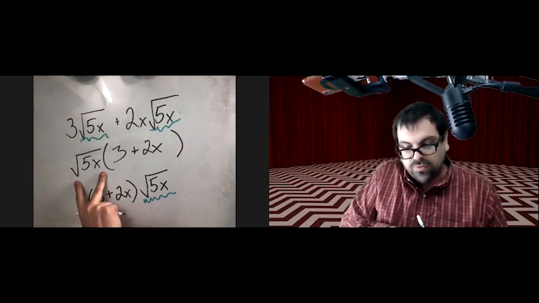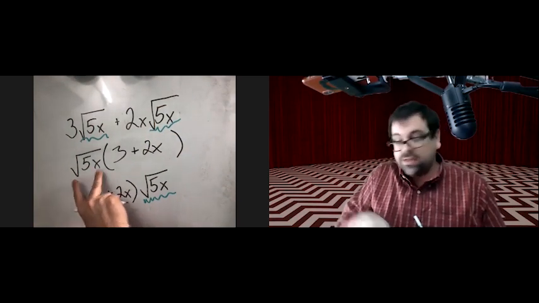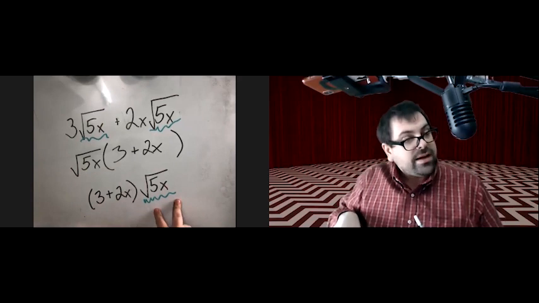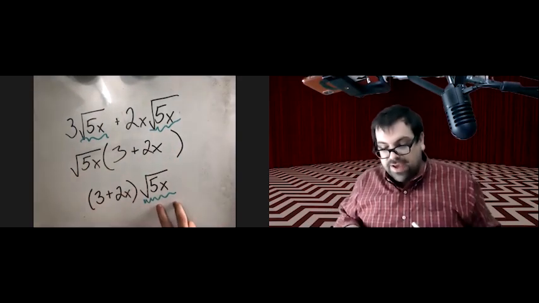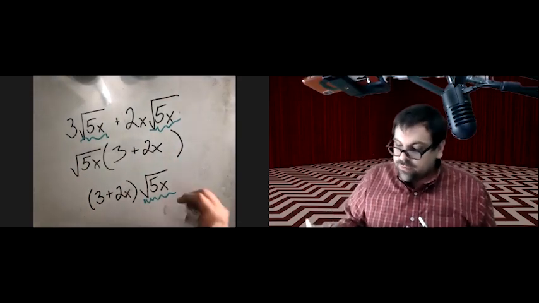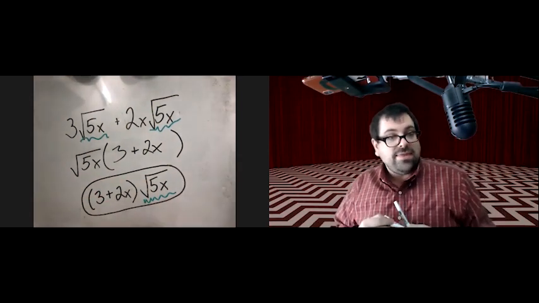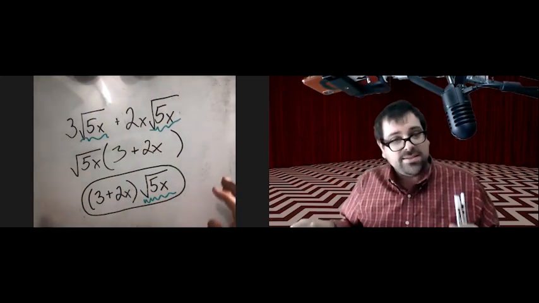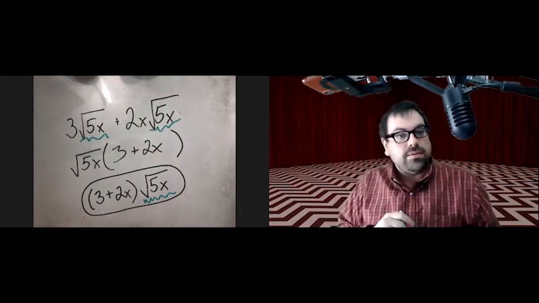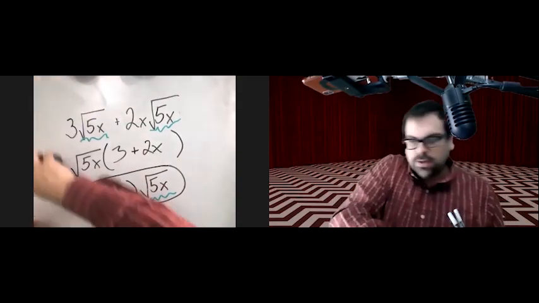And then move this from being the first factor to it being the second factor. Switch the order of the two factors, because when we write our final answer, we want the radicals at the end. So that's adding and subtracting radicals. We have to make them like radicals.